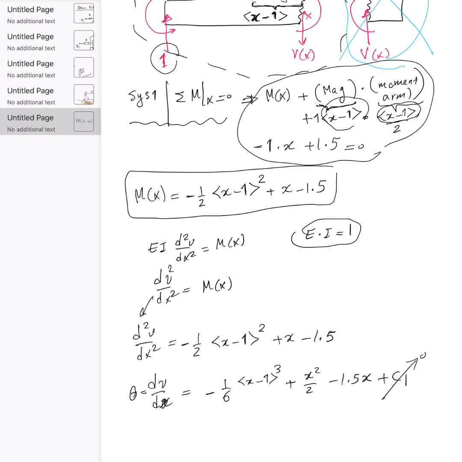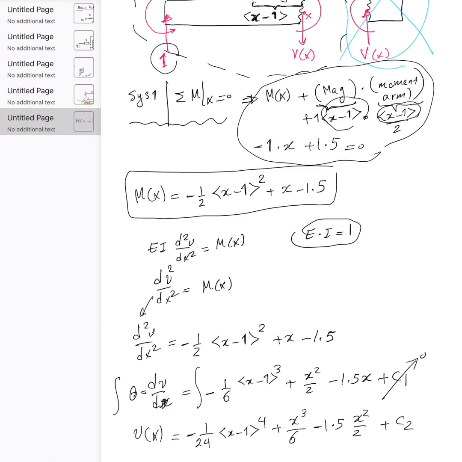Go ahead and apply one more integral to both sides, then you get v of x is equal to negative 1/24 x minus 1 to the fourth plus x cubed over 6 minus 1.5 x squared over 2 plus c2.